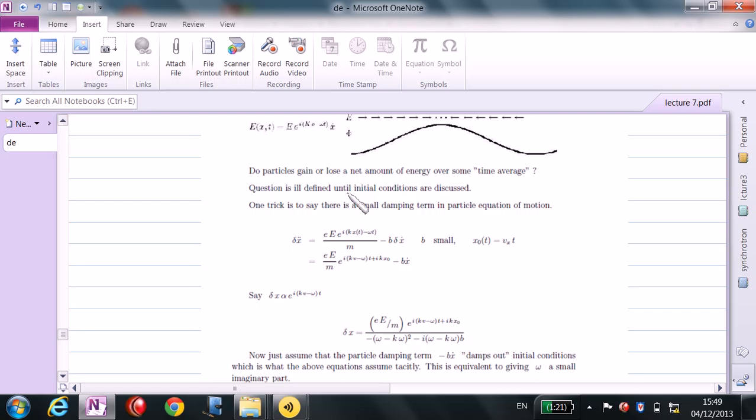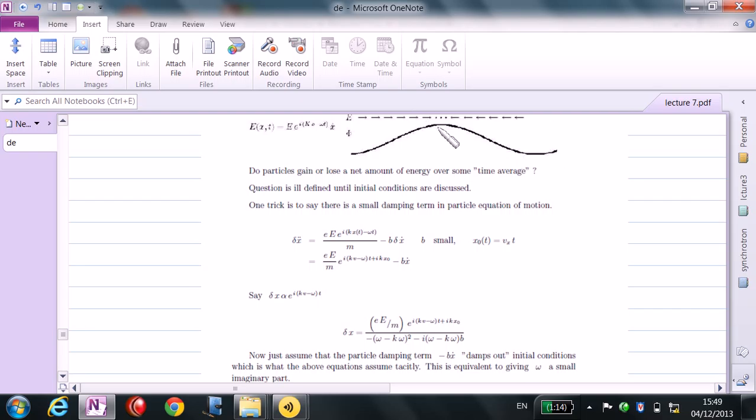Now, over some time average, is there a net transfer of energy from waves to particles? Well, arguably you could say no, because let's say the particles are initially homogeneously distributed, and the wave is symmetric, with electric fields pointing in one direction as in the opposite direction.